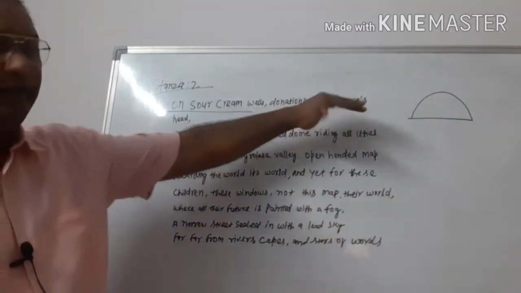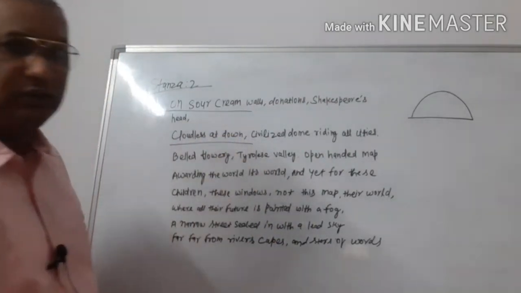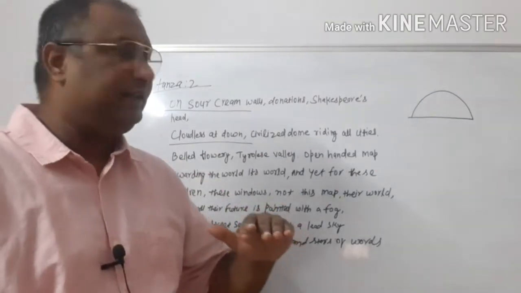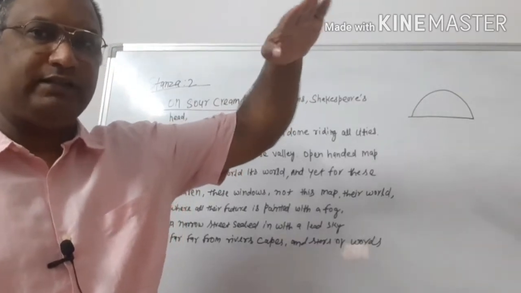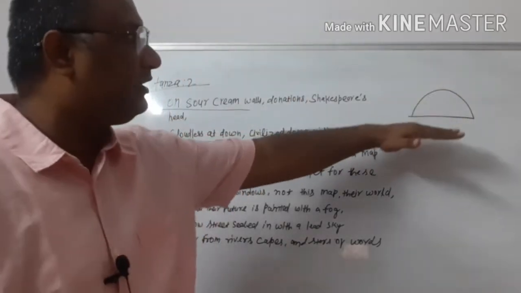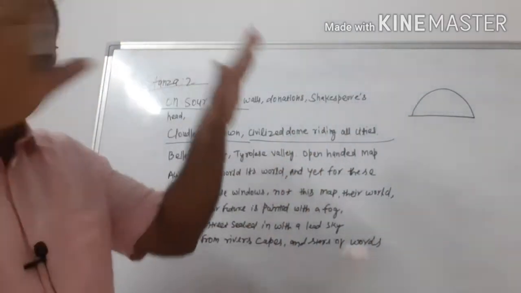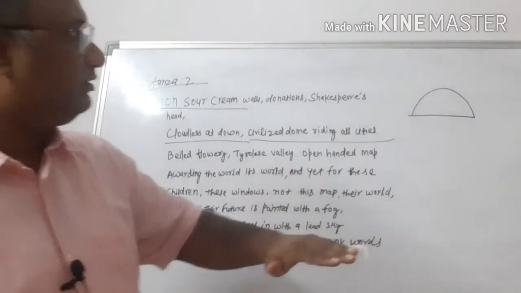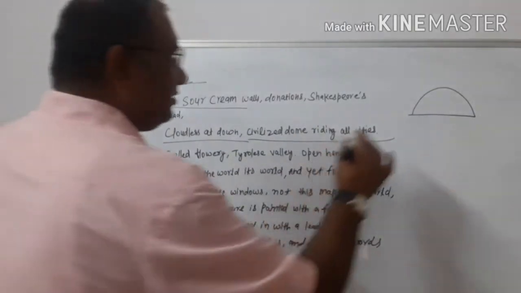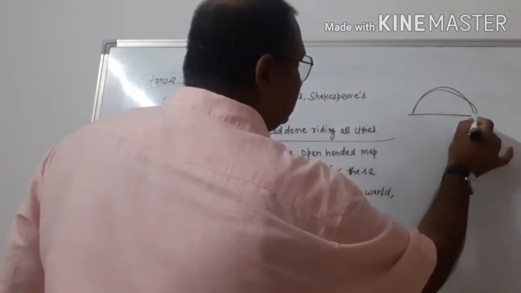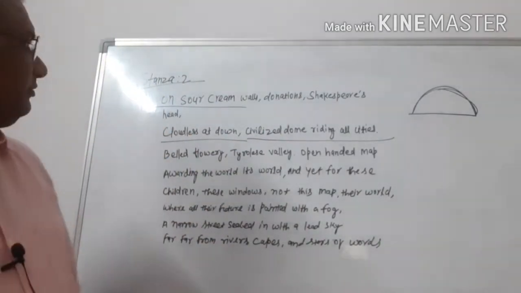So Shakespeare's head, which is hung on the wall, in the morning time, when the sun rises from behind the horizon, the same way Shakespeare's head looks like it is hiding behind the tall cities, tall skyscrapers. So this is what Shakespeare's head looks like, and this is the interpretation of this line.